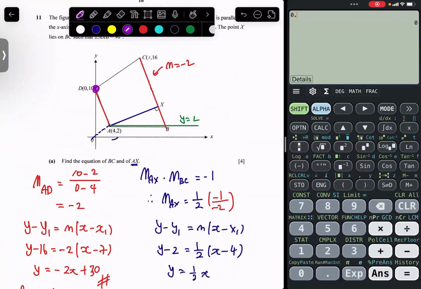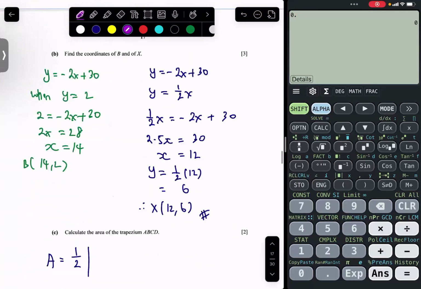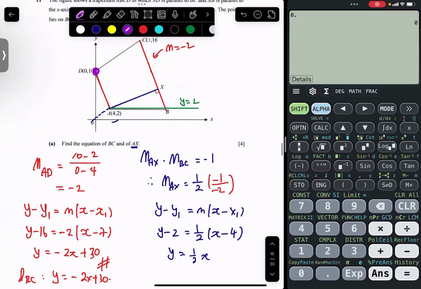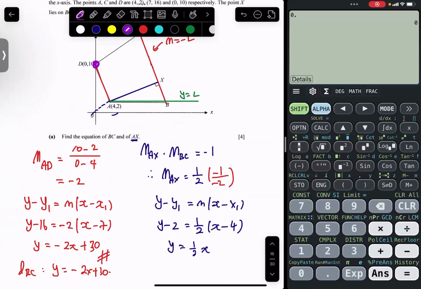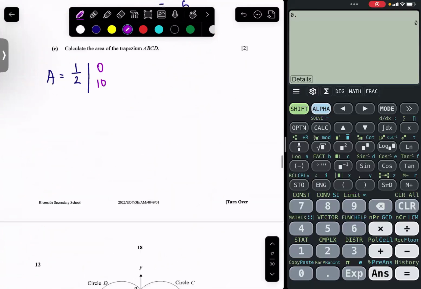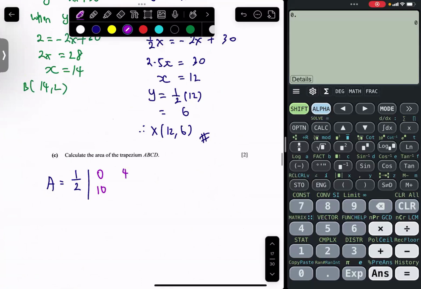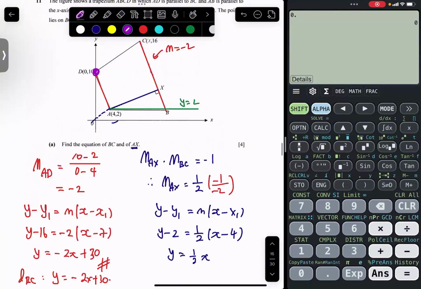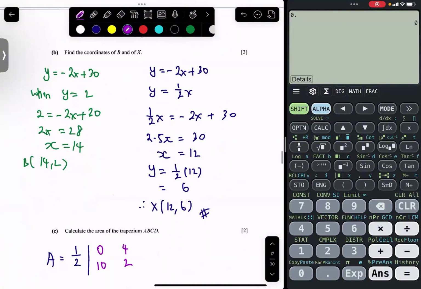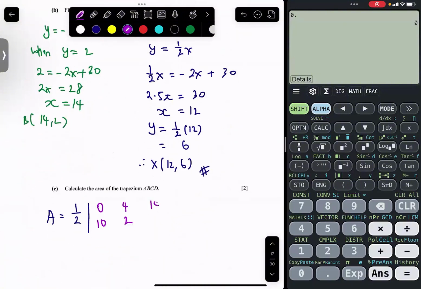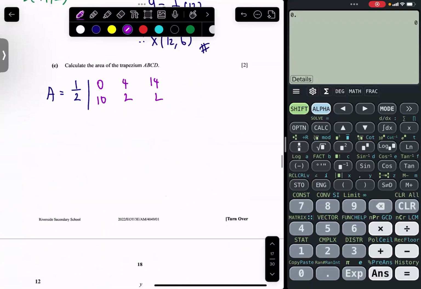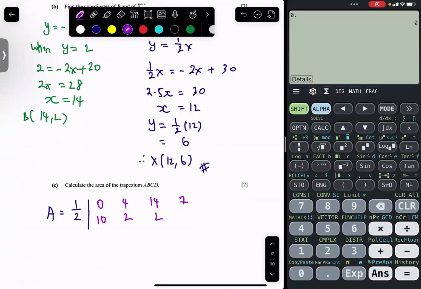So 0, 10. Anti-clockwise would be 4, 2, followed by B, which is 14, 2, followed by D, which is 7, 16, and then going back to the starting point, 0, 10.